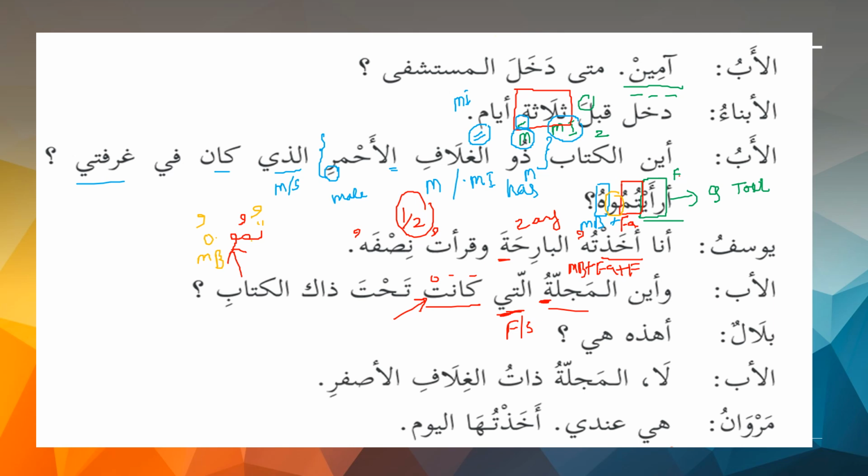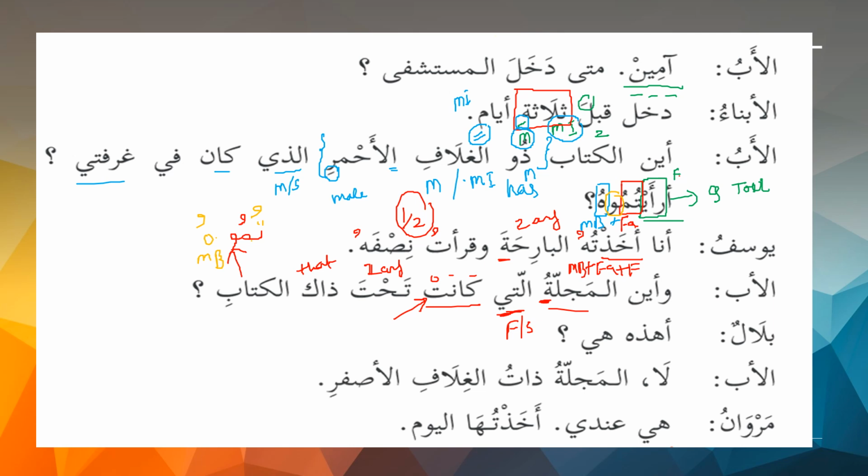So kanat tahta. Now this is also a zarf for makan. Tahta dhaka al-kitab. Dhaka or dhalika, it's the same. Tahta dhaka al-kitab means under that book.